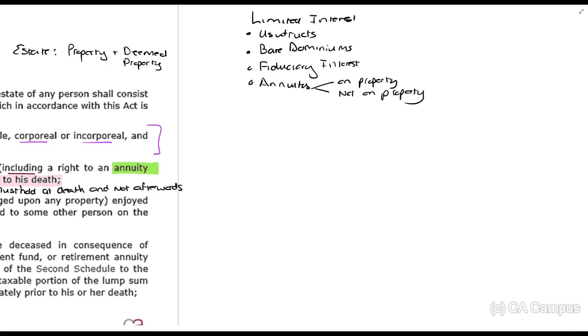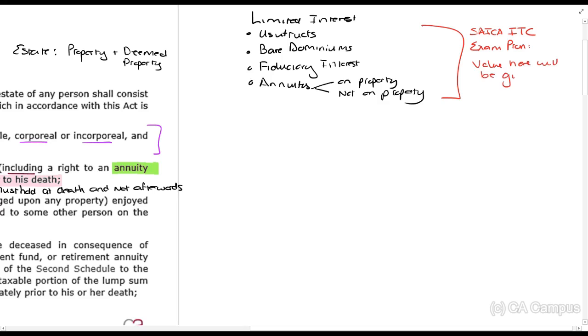Now, for the purposes of tax, your SAICA ITC examinable pronouncements says the value here will be given. Right, so the value here will be given.